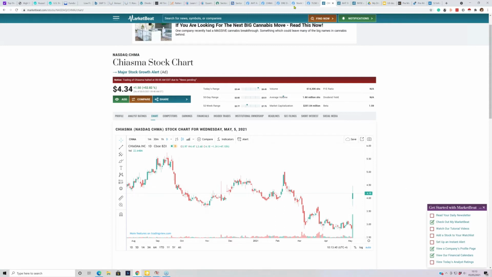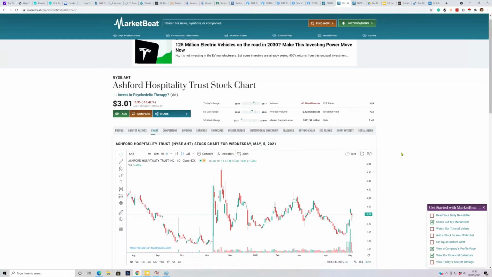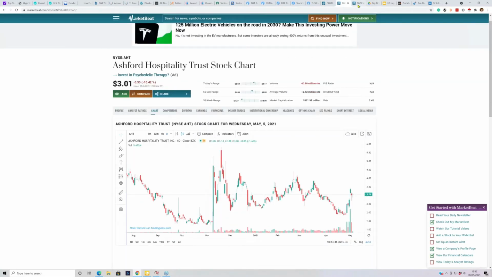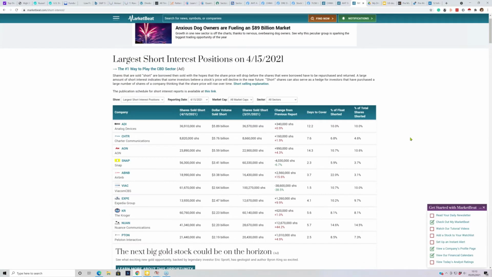Go back to AHT. Before we go to AHT, let me just come up here. There is another nice resource on MarketBeat which I came across, and it's the largest short interest positions. That's as of the 14th, so I don't know when that is going to be updated.